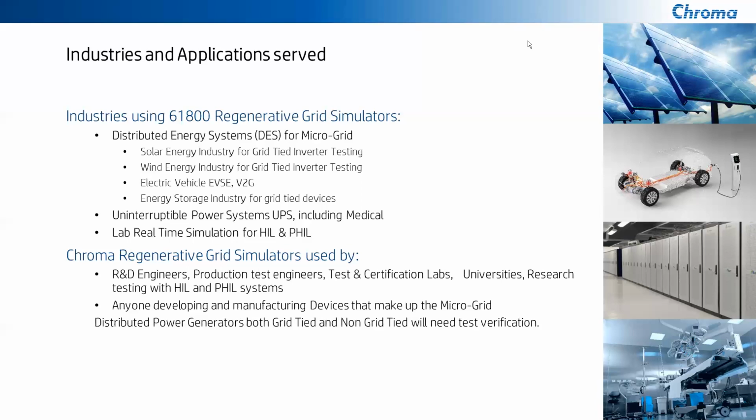Lab and real-time simulation. This is where they do real-time simulation for power, and it's referred to as PHIL or HIL, which is power hardware in the loop. We'll talk about that briefly as well.